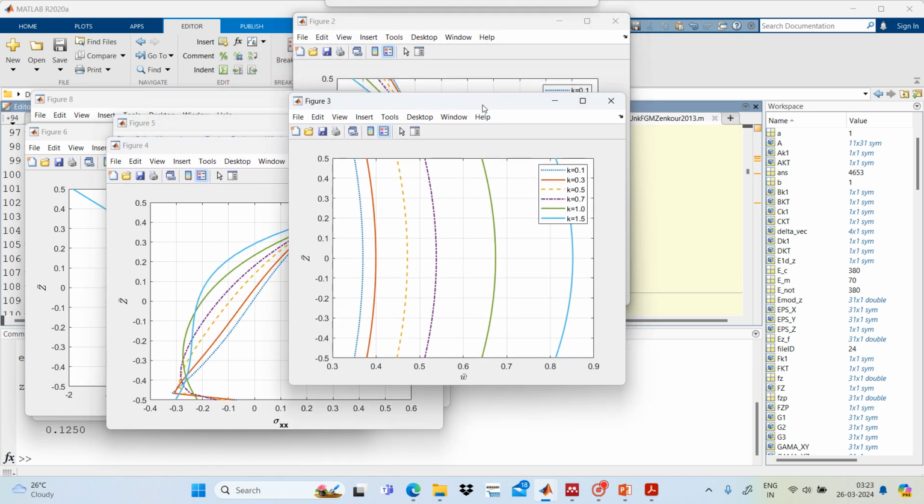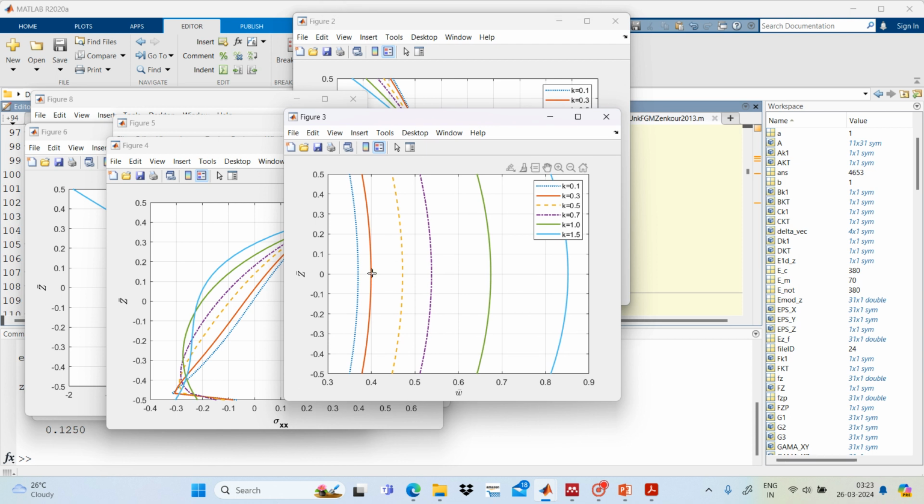Then from here we can see that this is a transverse displacement, so k equals to 0.1, this is the dotted line, so this is the least displacement, almost we can say that okay, it's 0.369 at the center or mid plane. Then for the red one, which is having k equals to 0.3, it is having 0.399, and it's increasing as the k values are increasing.